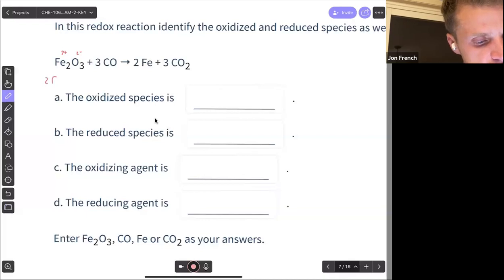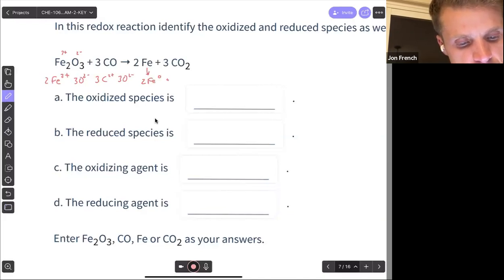So I've got 2 irons at 3 plus, 3 oxygens at 2 minus. Here, 3 carbons at 2 plus each, because I'm going to have 3 oxygens at 2 minus each. And then this iron is 0.